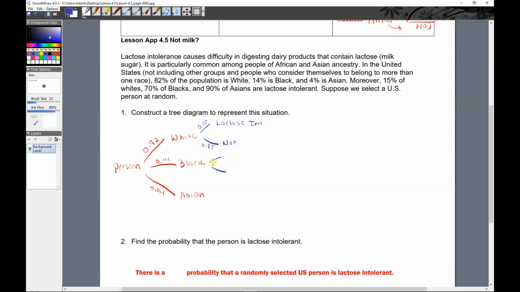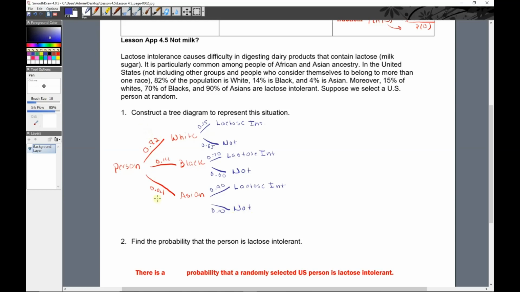For black people, that would be 0.70 are lactose intolerant, and that would mean 30% aren't. And for Asians, 90% are lactose intolerant, and that means 10% are not.